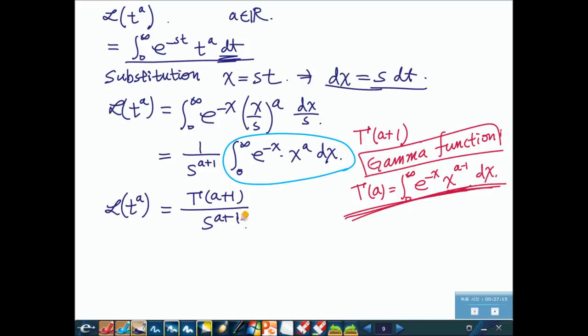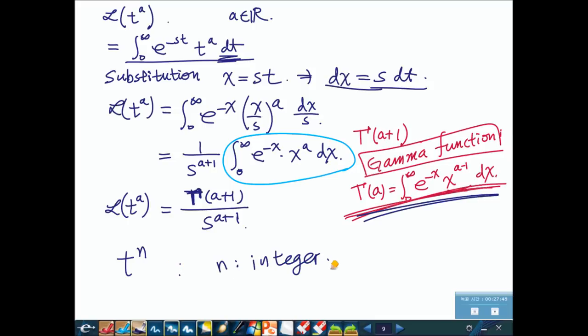But we got a trouble. I mean, gamma itself, by its definition, is hard to calculate, right? So we need a simpler case. It's hard to handle this gamma function, right? But if you say t to the n, what is n? n is an integer.